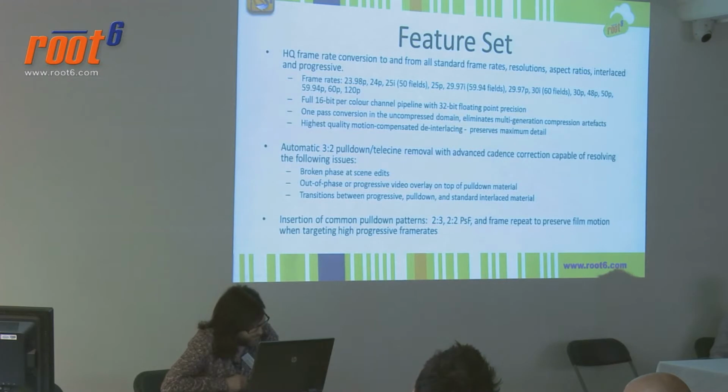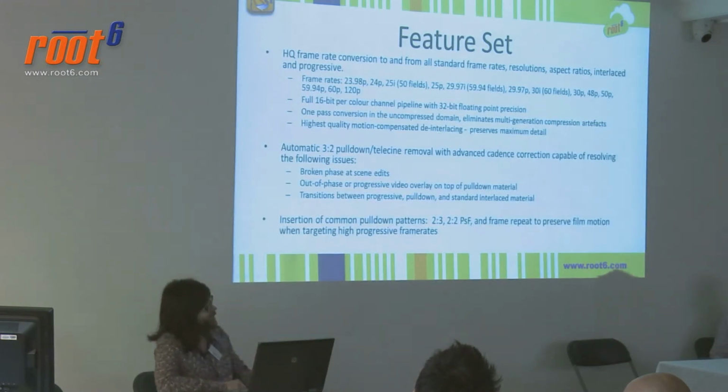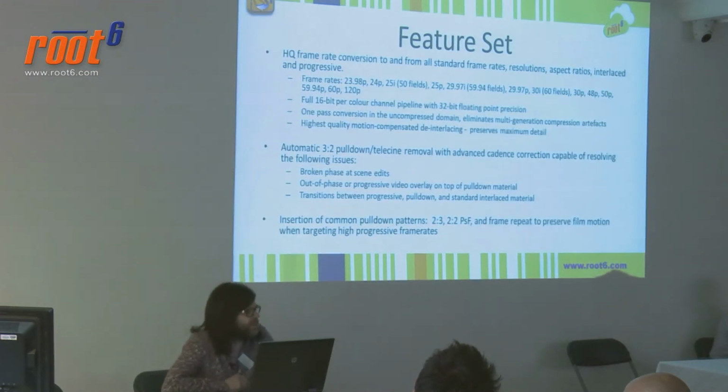I'm not going to list every item of this huge feature list here, but this algorithm can scale from SD to HD to 4K and beyond. It has very sophisticated tools for doing things like automatic 3-2 pull down and reverse telecine. It can do cadence detection and fixing.